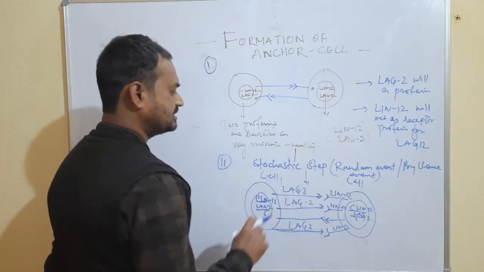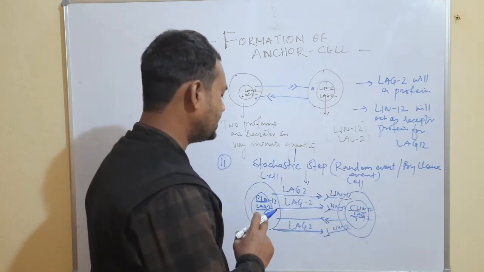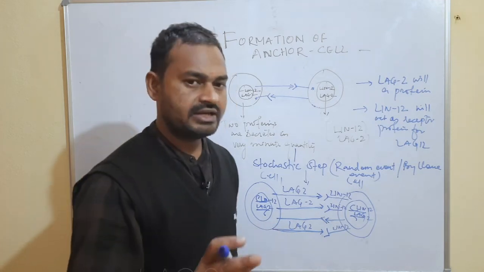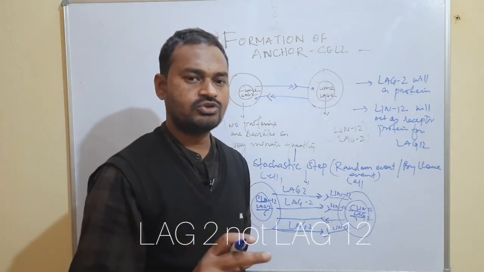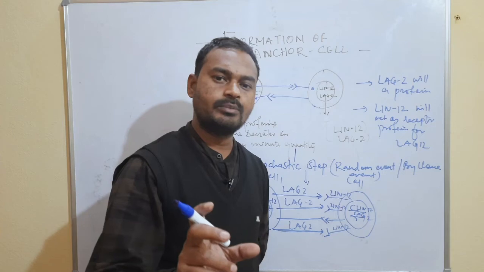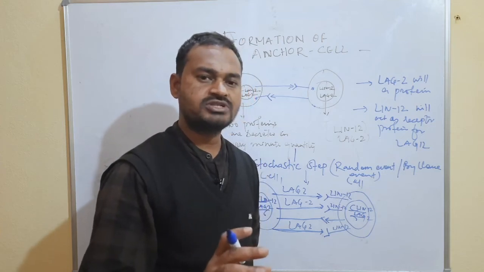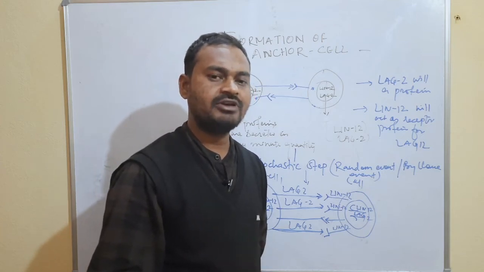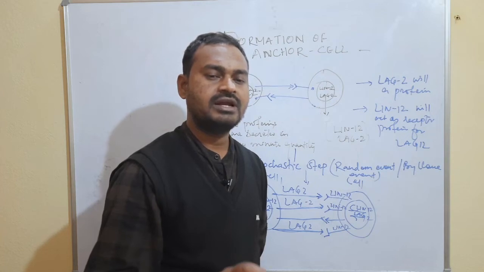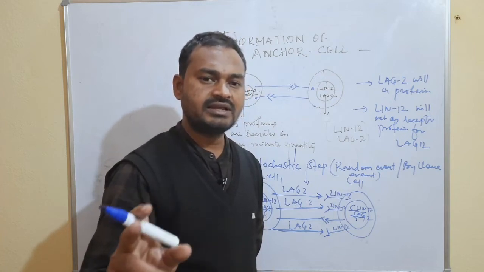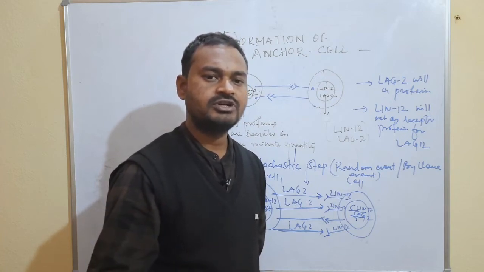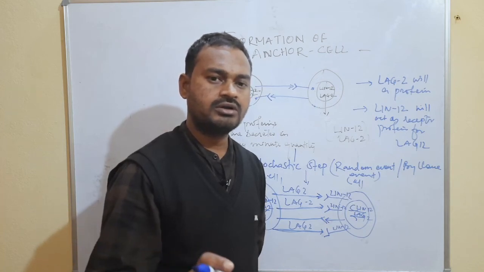Okay, second, lin-12 and lag-2 act in opposite directions, meaning those cells which have an excess amount of lag-2 protein will inhibit the formation of the lin-12 protein, or vice versa.